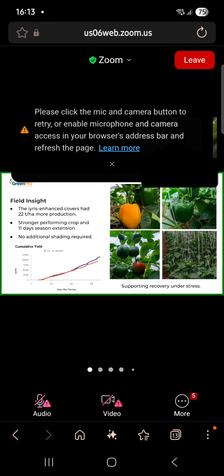So the crop is able to continue to grow for a little bit longer into the months where normally you're not able to grow. The main reason that this was possible is because there was a reduced requirement for shading. In this case, there was no shading required at all. And this is case by case. I'm not saying that you don't need to shade ever again.